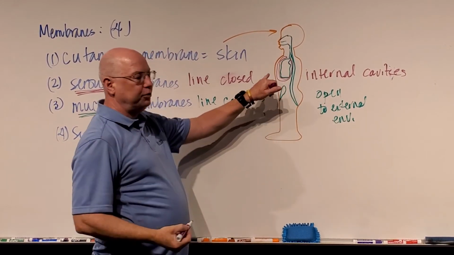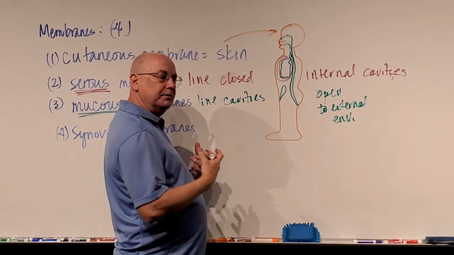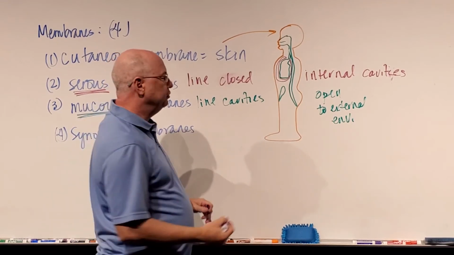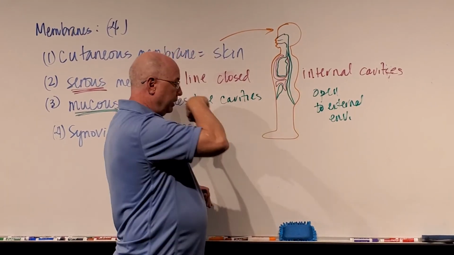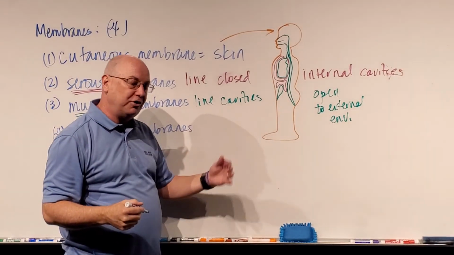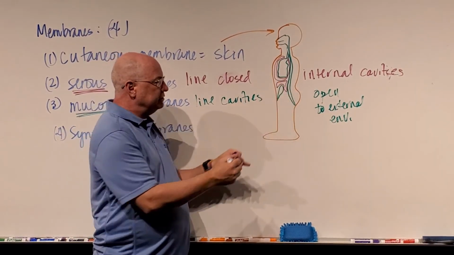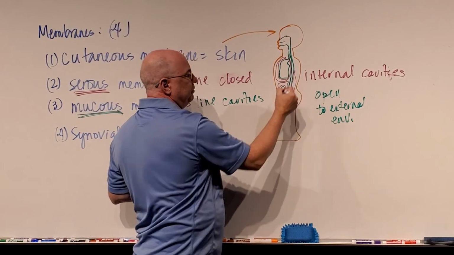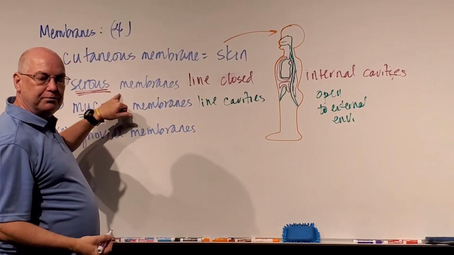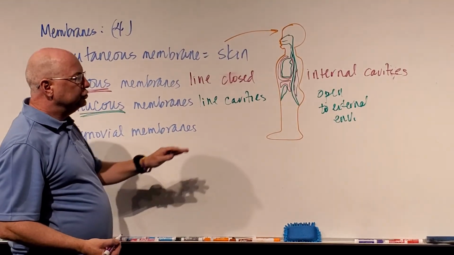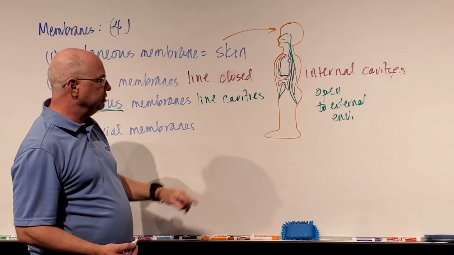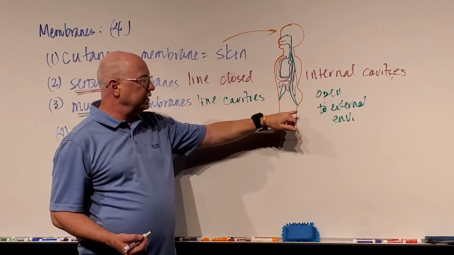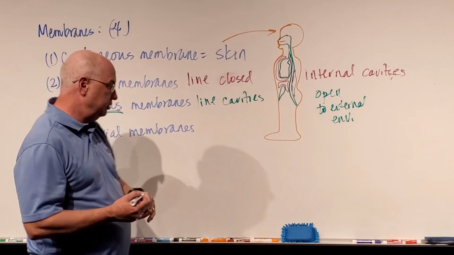There's a visceral and parietal pleura, the pericardial cavity, a visceral and parietal pericardium, and some of the digestive system is lined with these membranes called the visceral and parietal peritoneum. So you need to know that they line the sealed internal cavities or the closed internal cavities. Mucous membranes line those cavities that are open to the outside world.